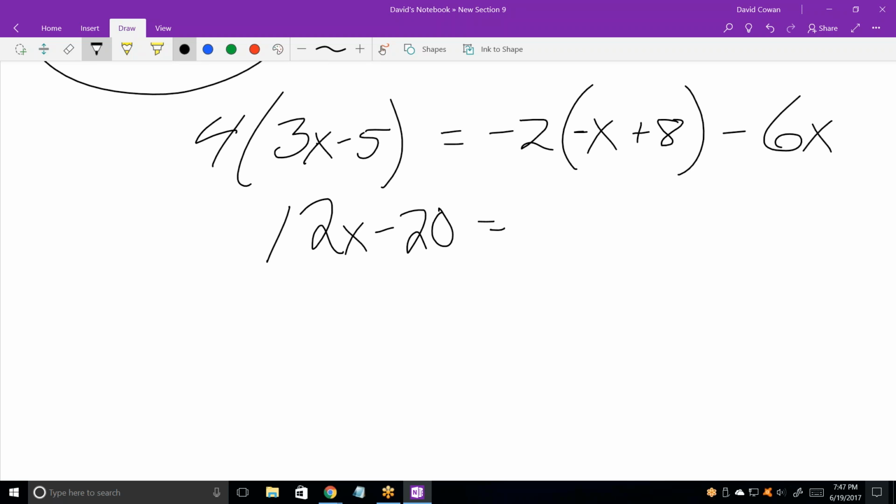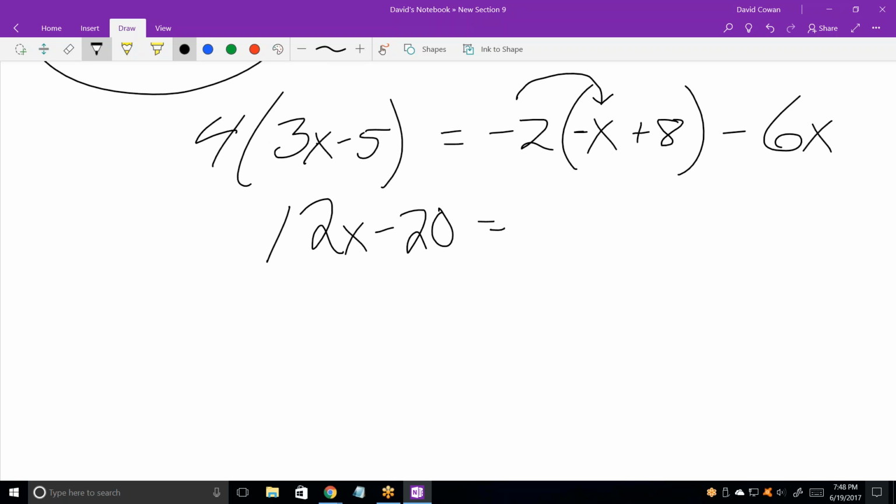Keep going. Equals 2 plus negative 16. Hold on. To what? You said plus. Do you mean x? In other words, when you multiplied this by this, when you distributed that, what did you get as an answer? What's minus 2?